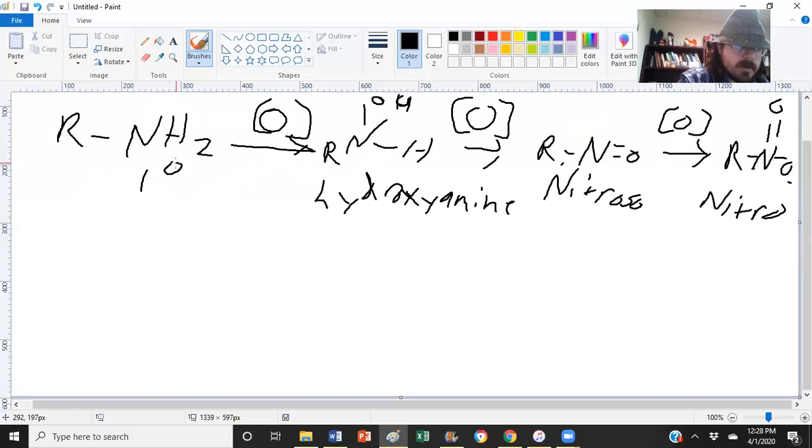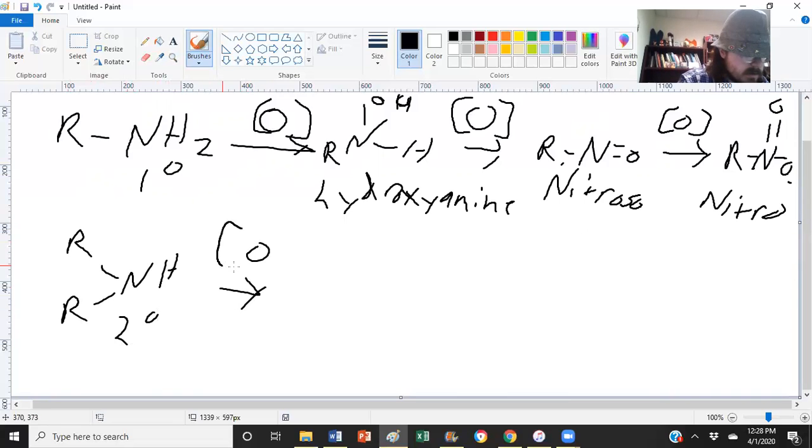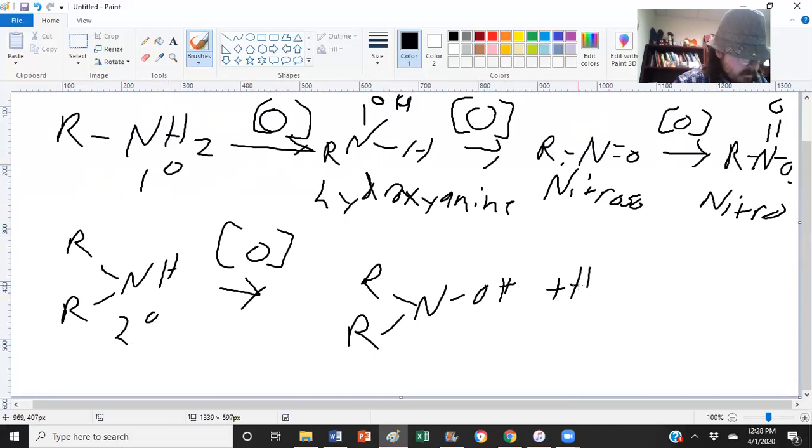So that's the primary amine. With the secondary amine, you're limited on what you can do. With a secondary, I can only really oxidize it once. You're going to get a hydroxylamine, but you're going to get some side products as well.